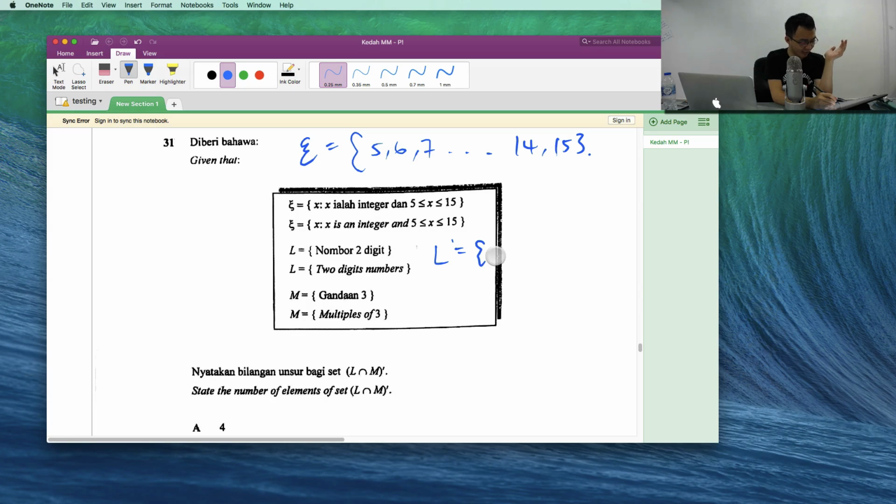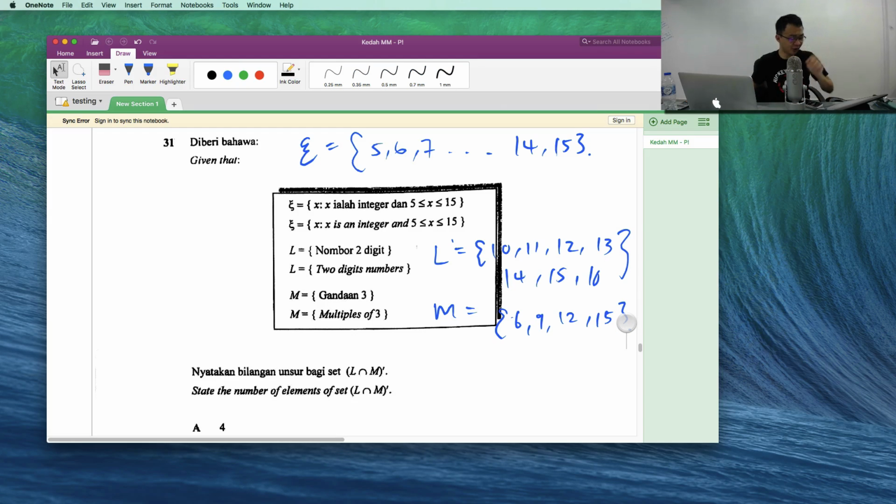Must be inside here, so it's 10, 11, 12, 13, 14, 15, 16. M is multiples of 3, so it starts from 6, 9, 12, 15.